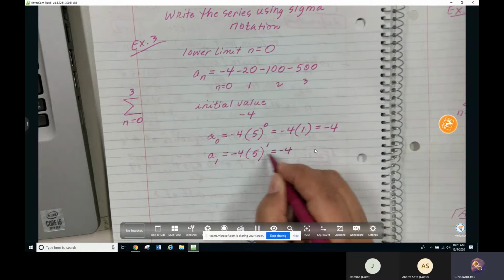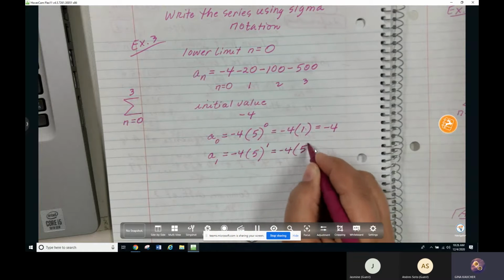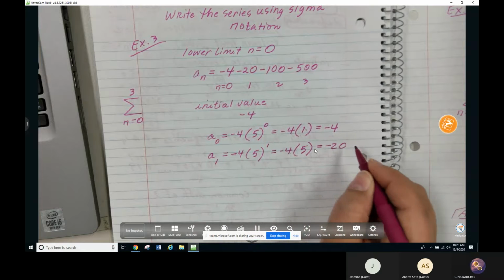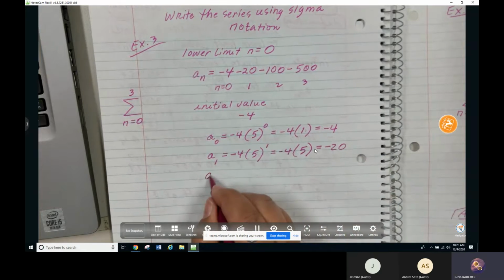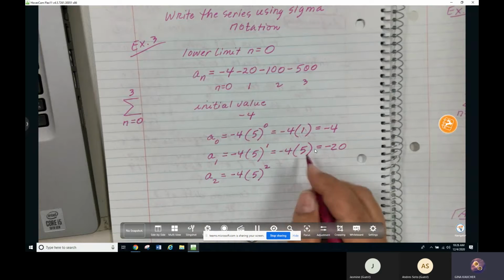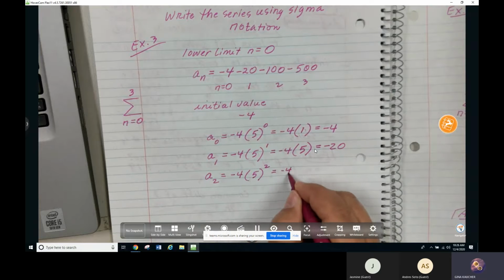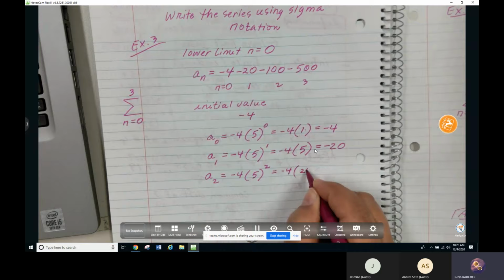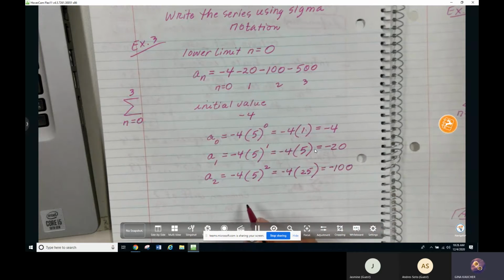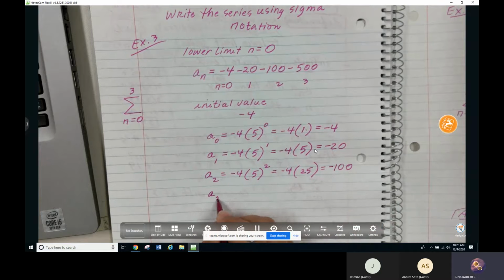That's -4 times 5 to the power of 1, which is 5. -4 times 5 is -20. And a sub 2, we have the initial value, 5 to the power of n, which is 2. -4 times 25 is -100. So it looks like we're on the right track here.